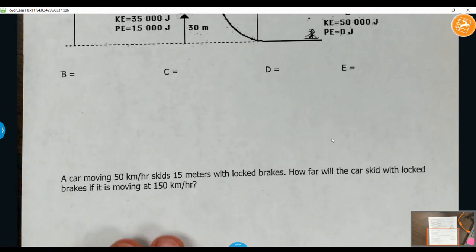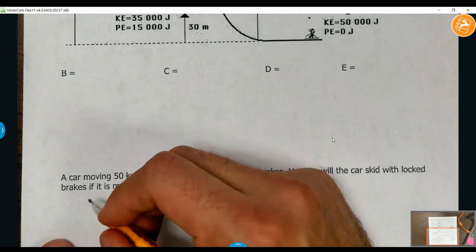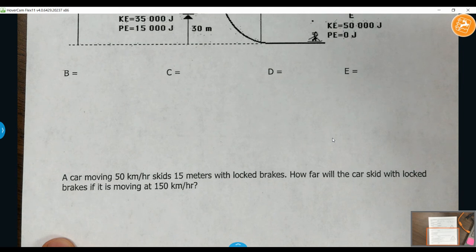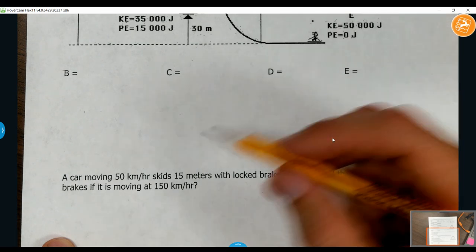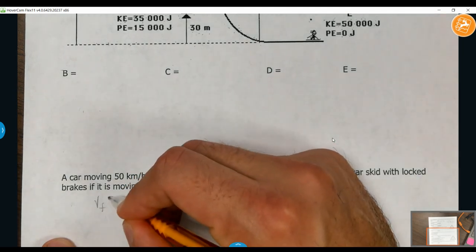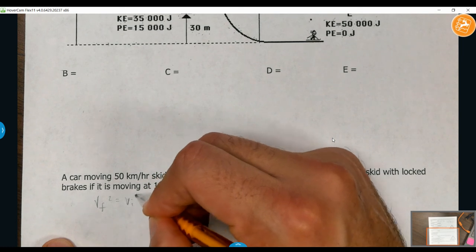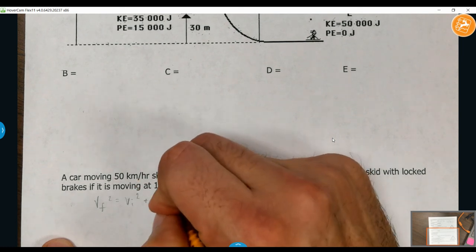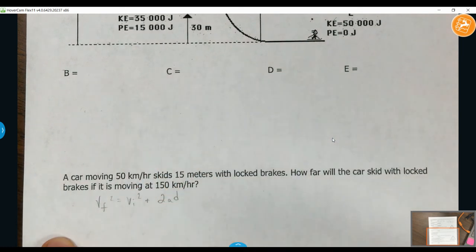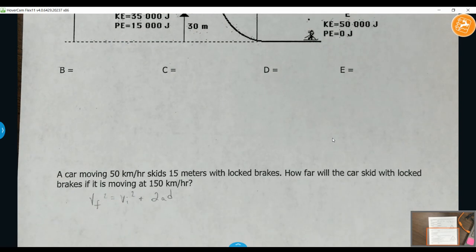The last one could be done the same way as our guy up top. You could do the VF squared equals VI squared plus 2 times AD. Figure out the braking or deceleration for the car, and then figure out that, hey, now it's tripled.